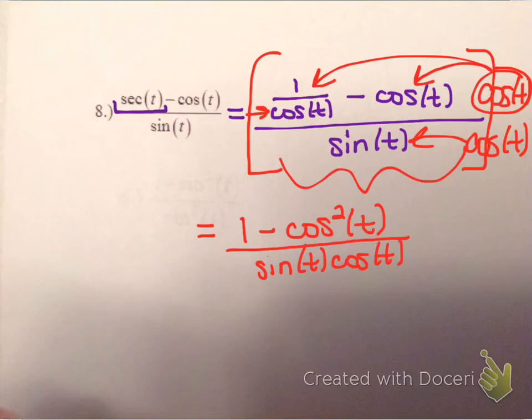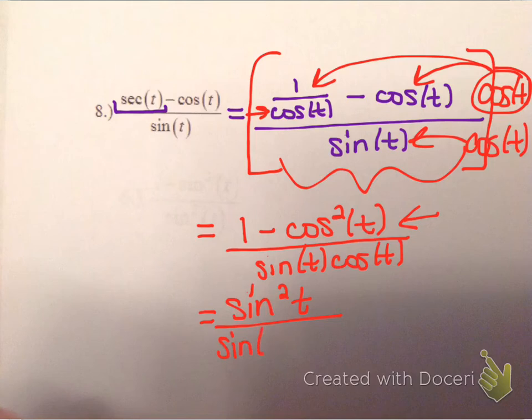Okay? Then what I would do is I would use my first Pythagorean identity. 1 minus cosine squared. We've now proven that 1 minus cosine squared is sine squared. We've already simplified that in a previous proof. So I can replace that numerator with sine squared.